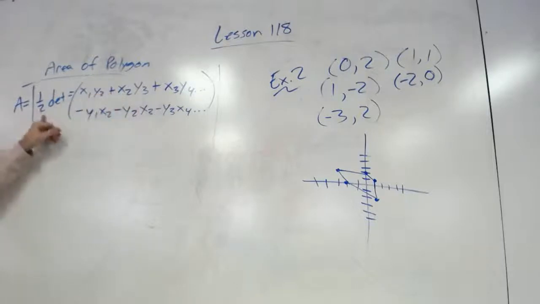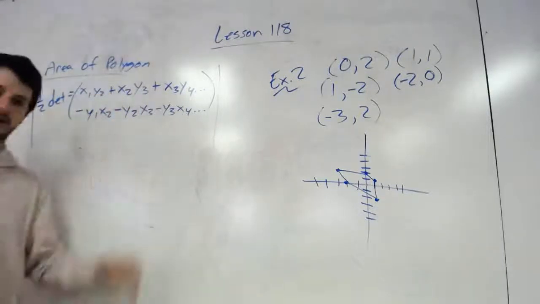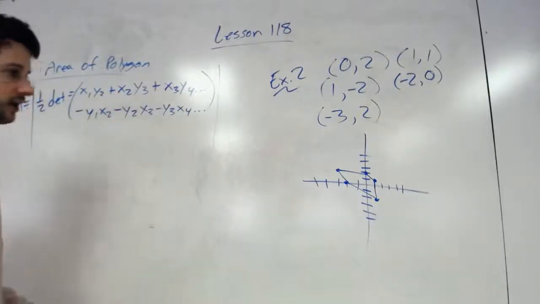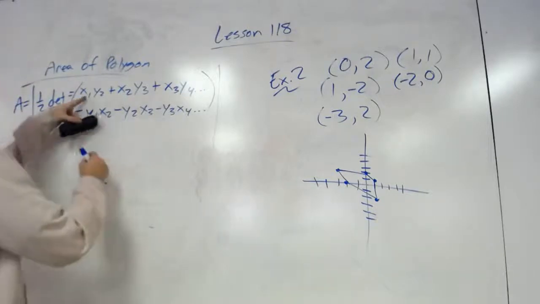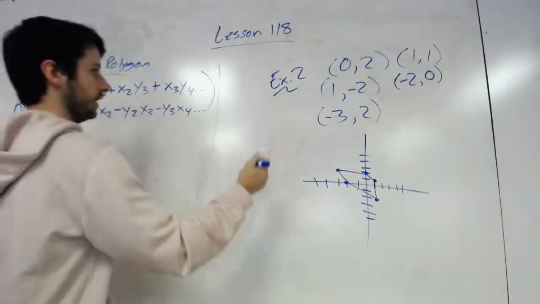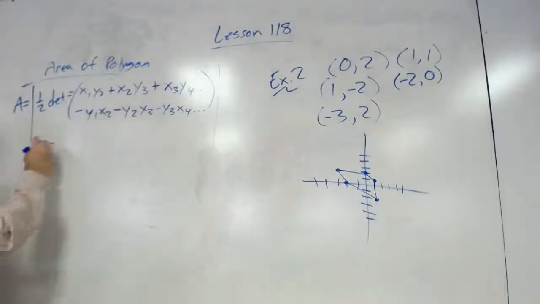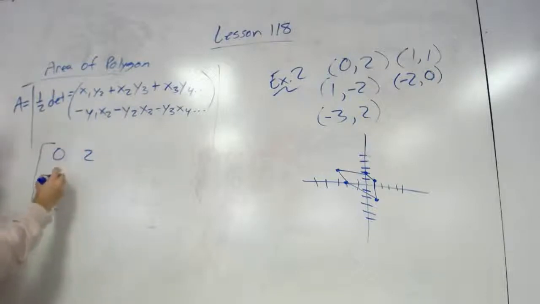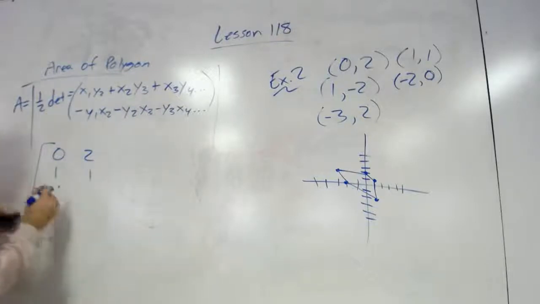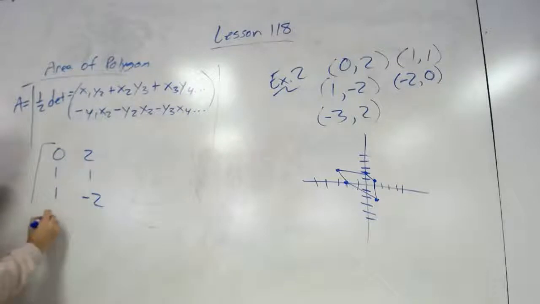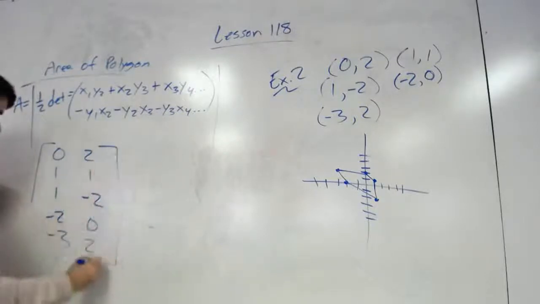Then we'll just multiply it by 1/2 and make sure it's positive because you can't have a negative area. So, same formula, x of 1. Let me put this in matrix form. 0, 2, 1, 1, 1, negative 2. Okay, now it's in matrix form.